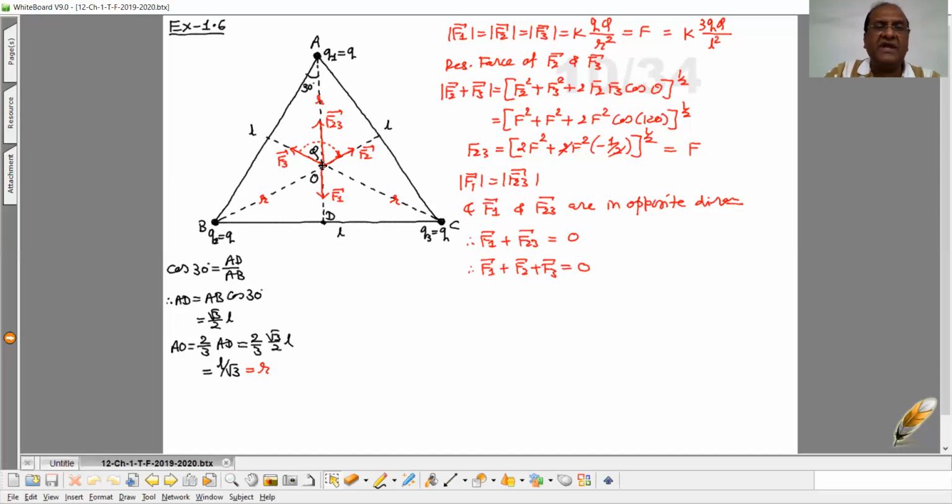Suppose we say the force on capital Q by A is F1, by the charge at B is F2, and by the charge at C is F3. Then magnitude F1 equals magnitude F2 equals magnitude F3, and that we can write as K small q capital Q upon R square. And say this is F. Now R is how much?